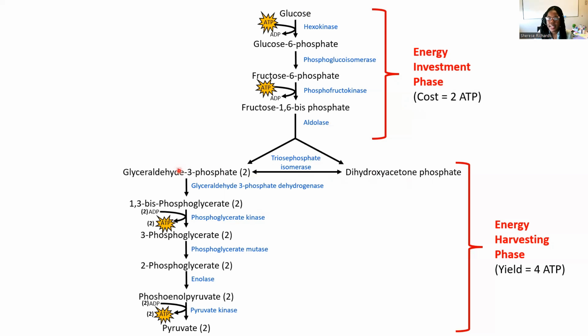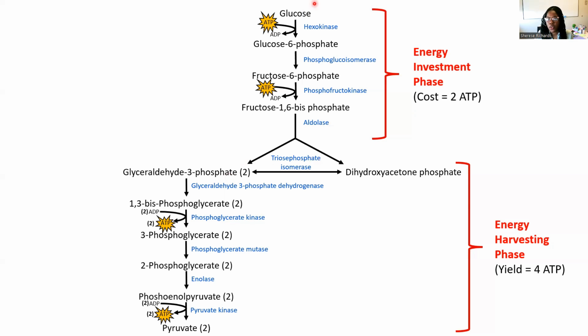At around the 3rd step here, we have 2 G3P, 2 glyceraldehyde 3-phosphate molecules. And so from this stage onward, we have 2 molecules yielded per glucose.